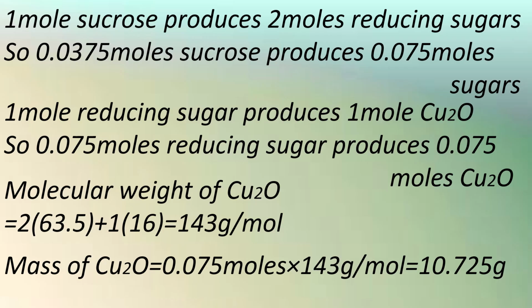So we have calculated molecular weight of copper 1 oxide. Moles are calculated, molecular weight is calculated. We will calculate mass of copper 1 oxide is equal to 0.075 moles into 143 gram per mole is equal to 10.725 grams. So we have calculated mass of copper 1 oxide.